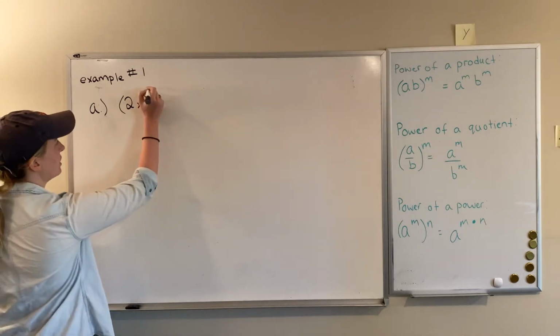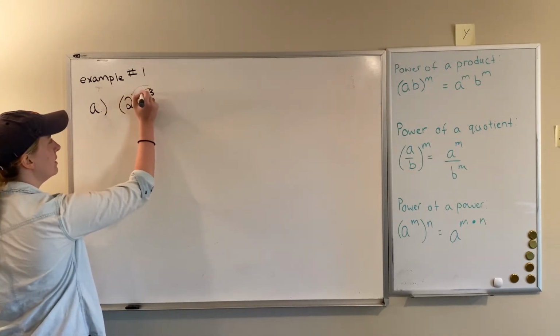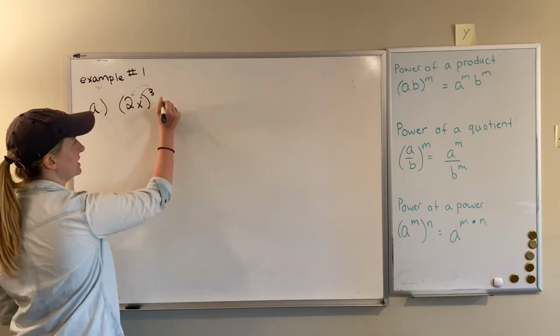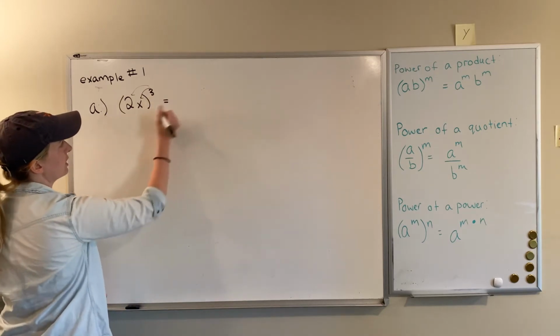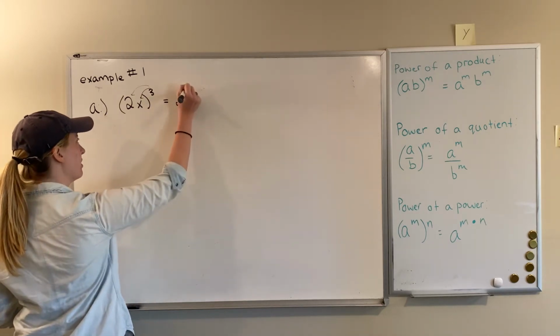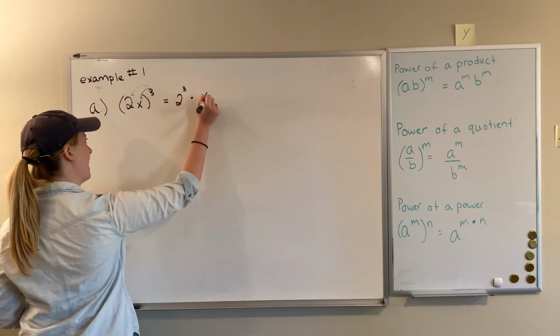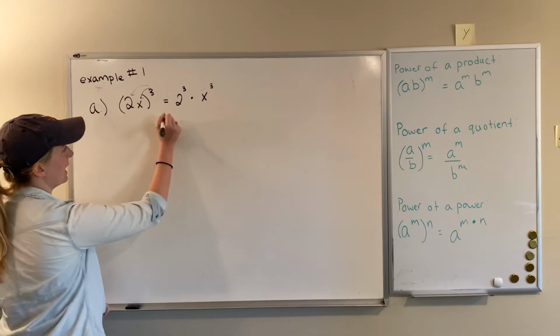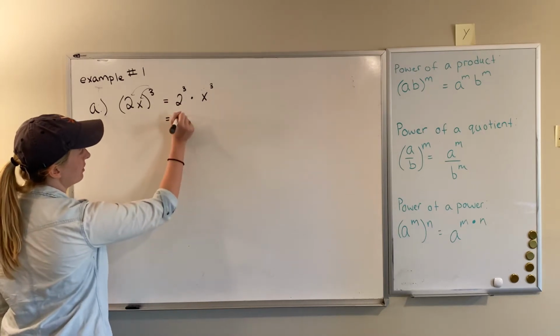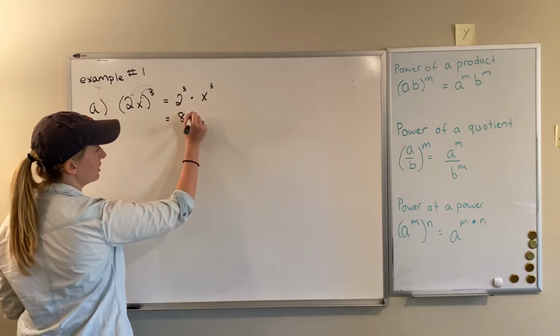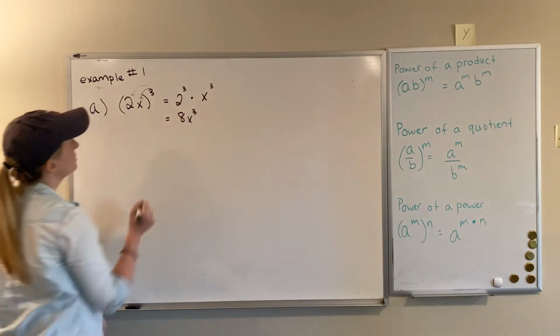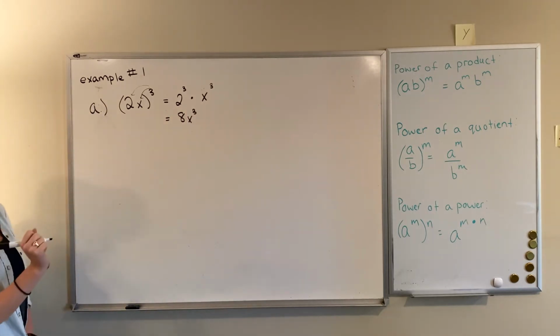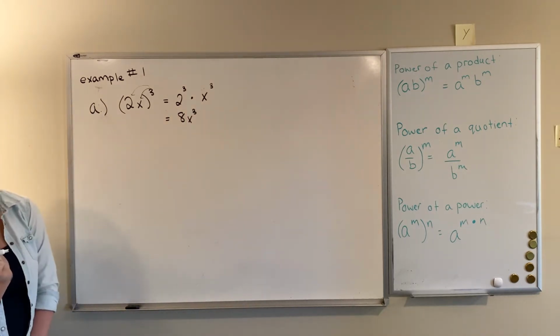That means take your 3 and distribute it to everything on the inside. So starting with your 2, 2 to the third times x to the third. 2 times 2 is 4, 4 times 2 is 8. So 2 to the third is 8. x to the third is just x to the third. So 2x to the third is really 8x to the third.